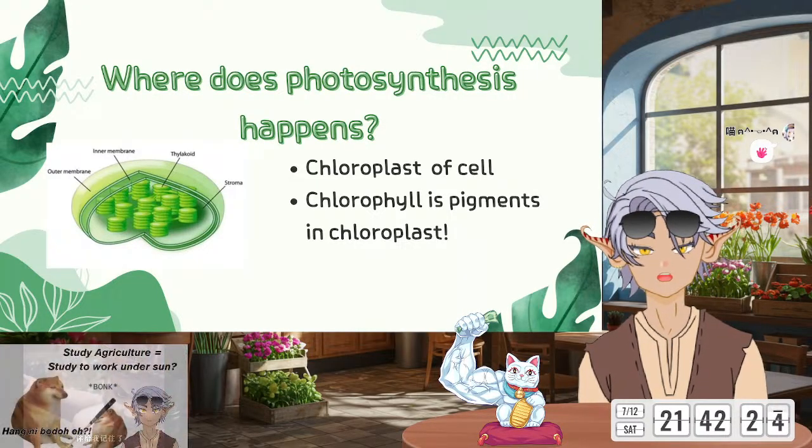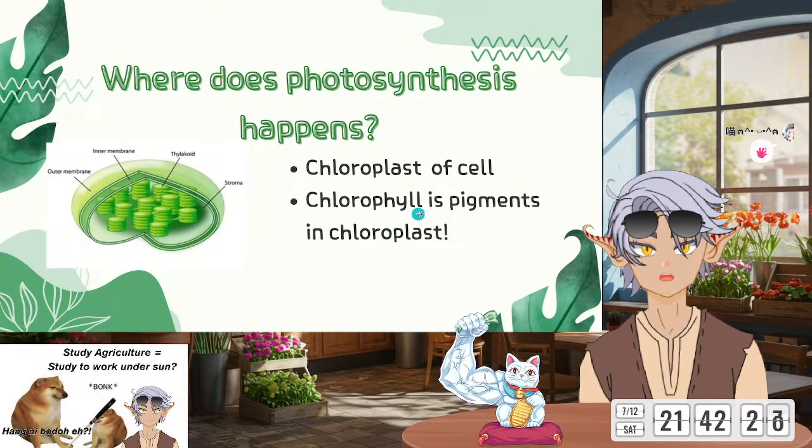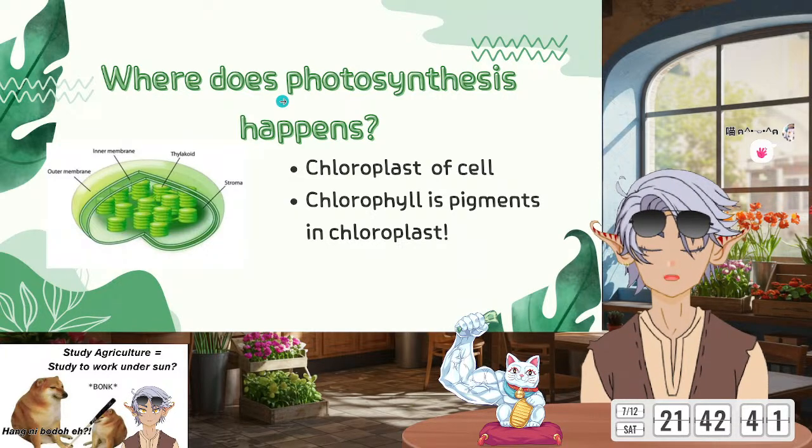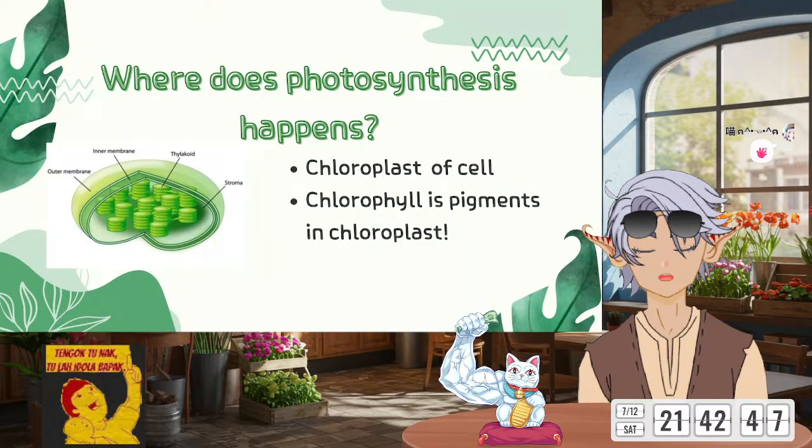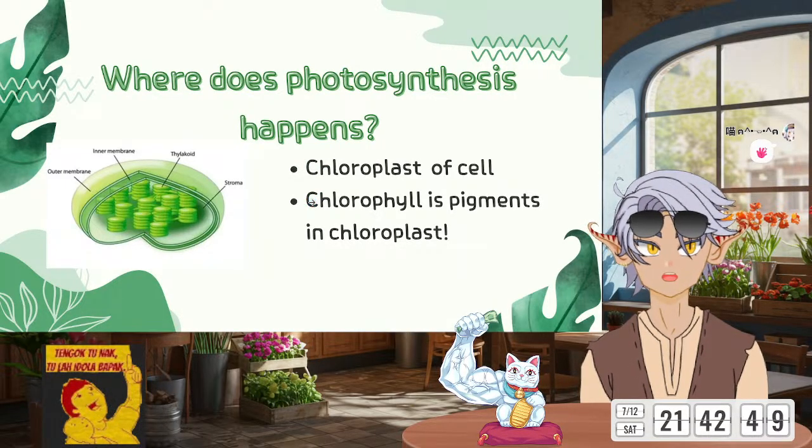Chloroplast is this whole thing, including outer membrane, inner membrane, thylakoid, stroma. So you have to differentiate very well between these two: chloroplast is the organelle and chlorophyll is the pigment.